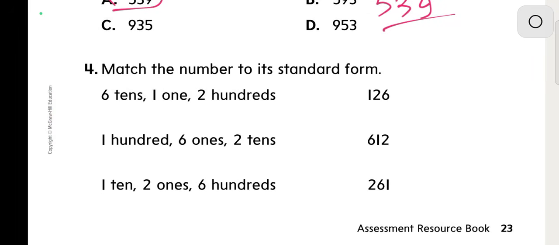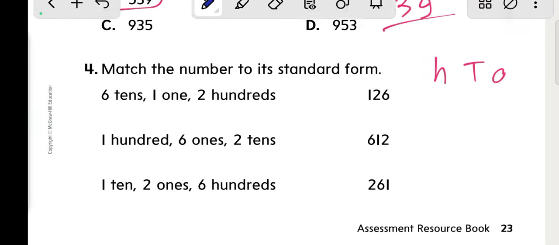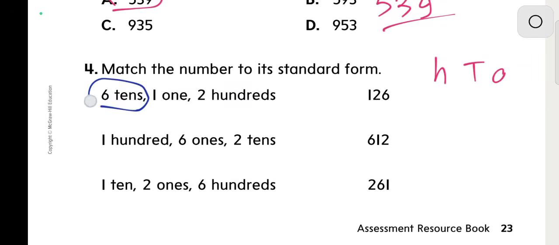Match the number to its standard form. To make it easier, let's say HTO. Here is 6 in the tens place, so please put 6 here in the tens place. 1 in ones place, so you have to put it here. 2 in hundreds place, so you have to put it here.